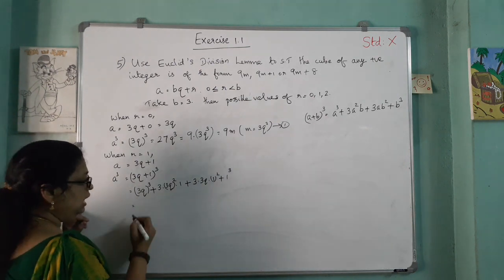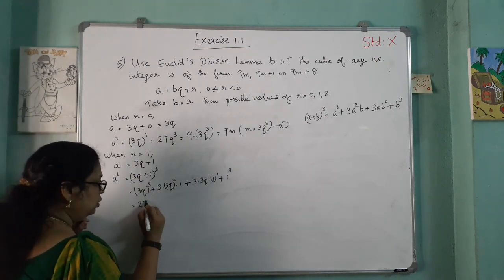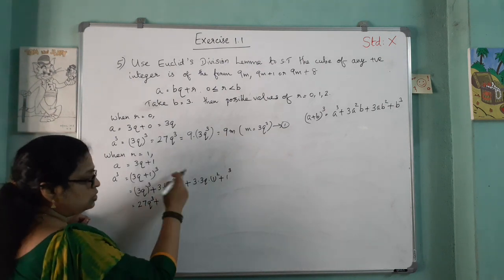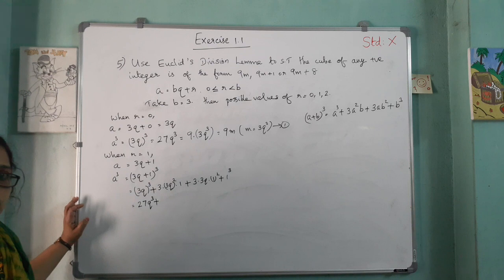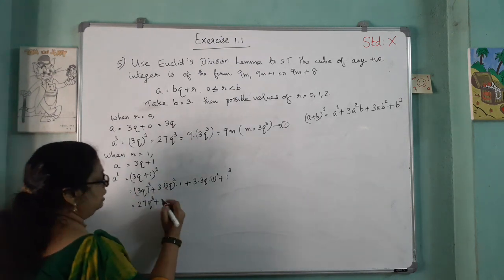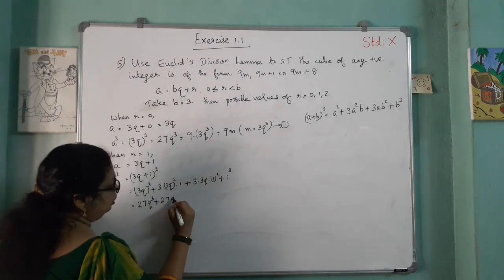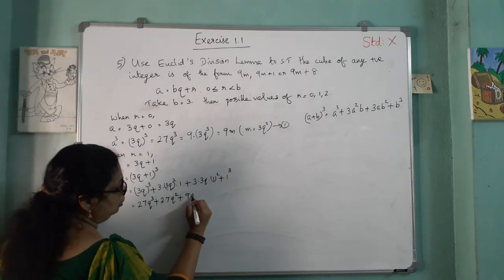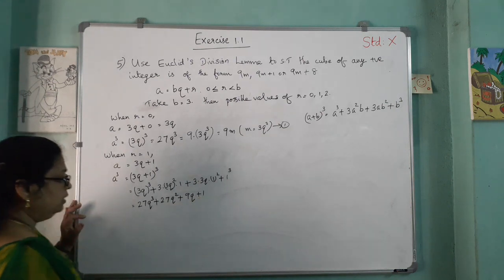So 3q the whole cube is 27q cube, plus here 3 into 3q square is 3 square 9 into 3, that is 27q square, plus here 3 into 3 is 9q, plus 1.